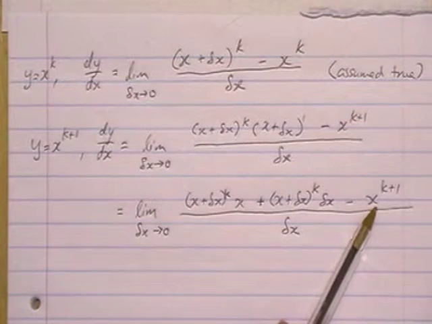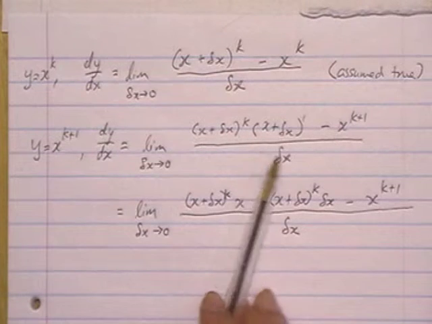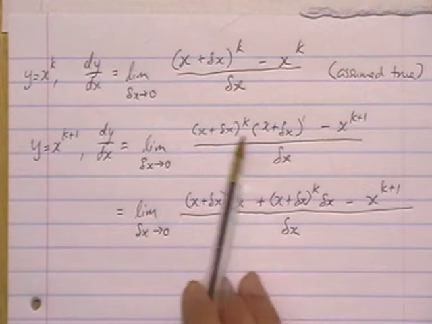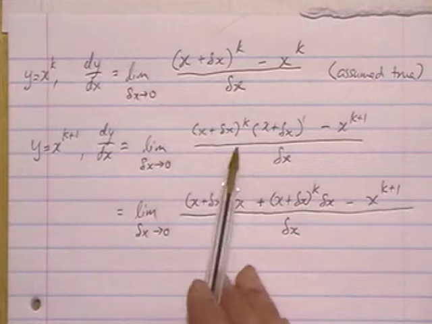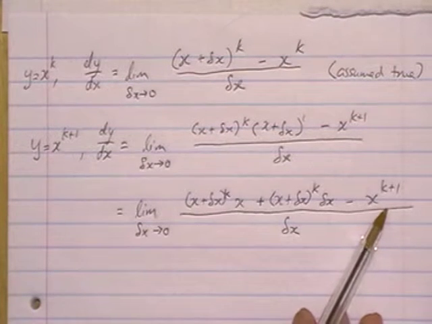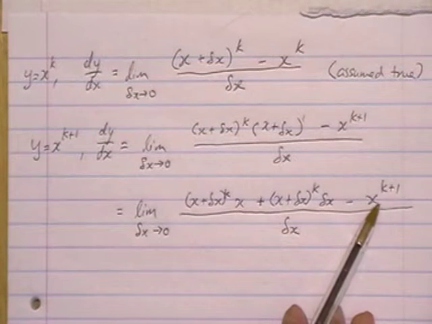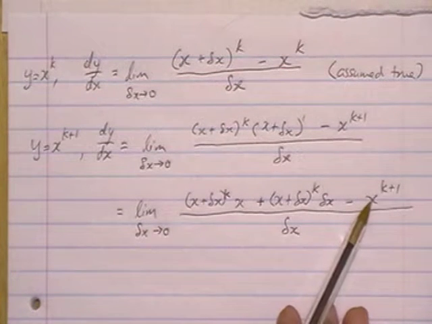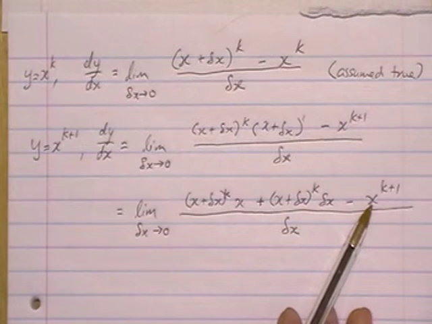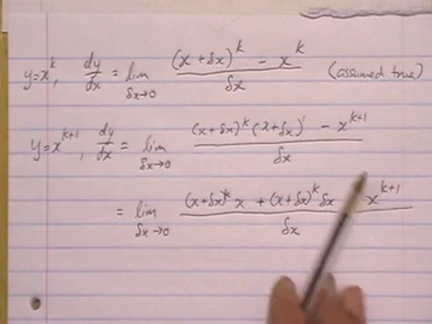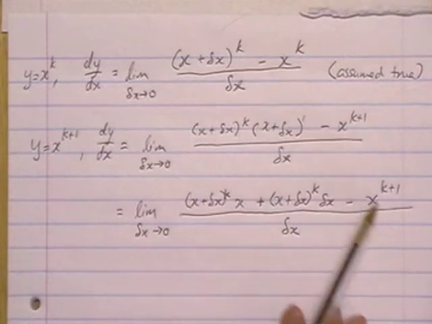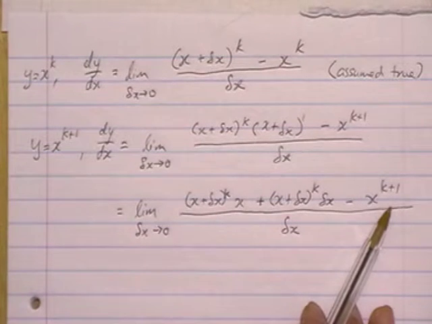Now, taking some lead from what I've done with separating these two out, we could perhaps also do it for this. If I separate out a factor of x, I would get a factor of x to the power of k, which is the same as this. But what would be the point of that?